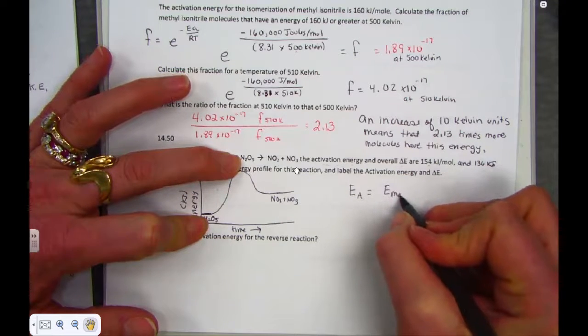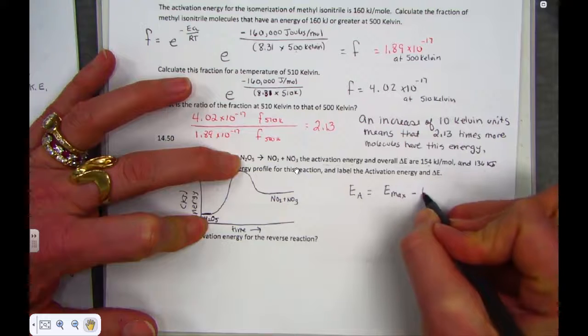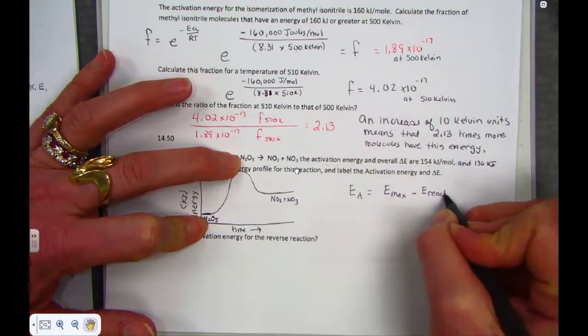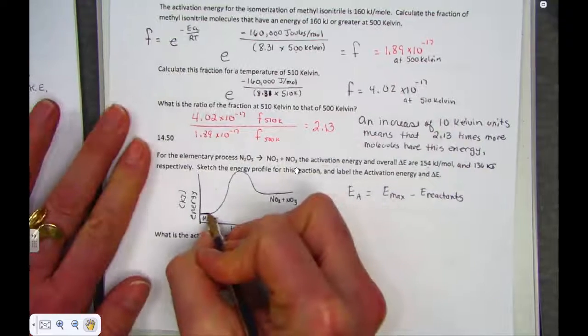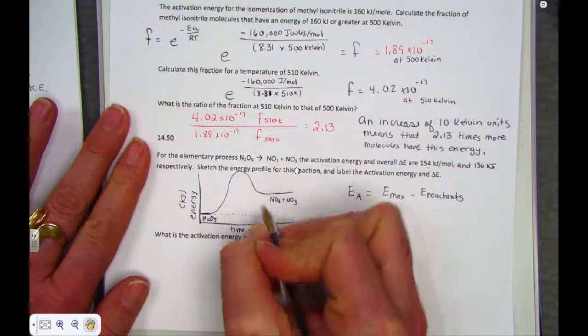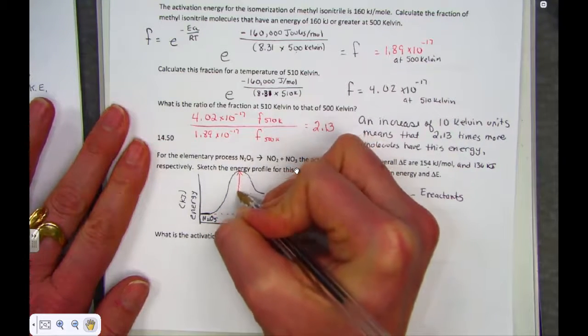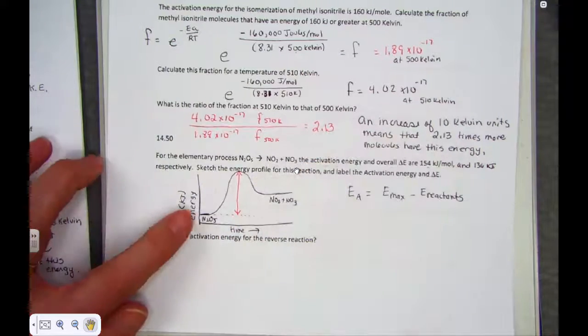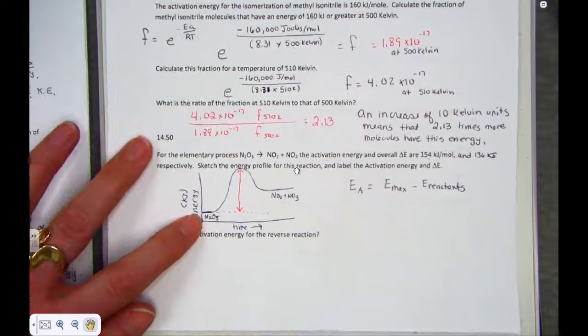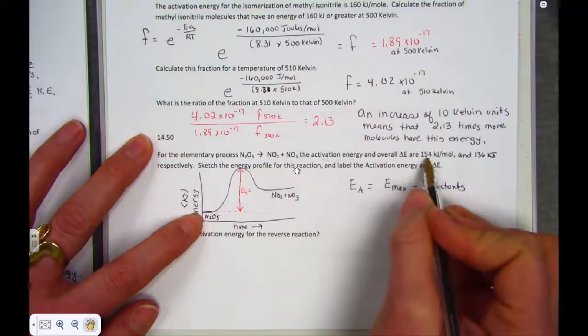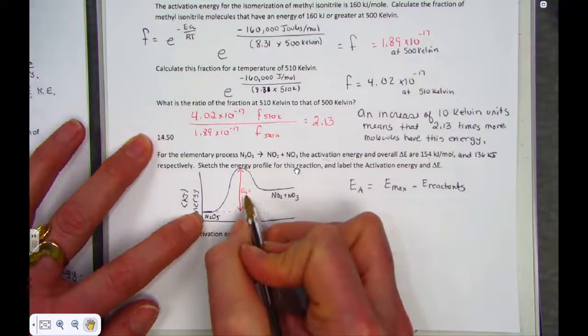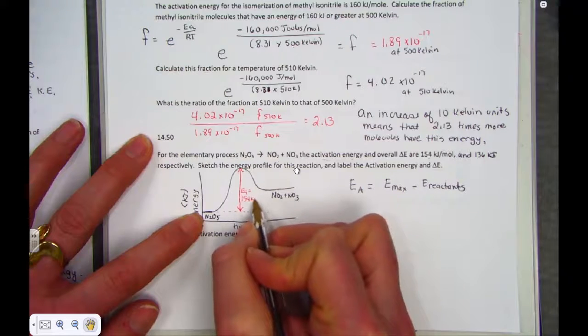So how about if we go E max minus E reactants? And I'm going to label that for us, and I'll change color so we can see that. Here is the amount of energy at the reactants. The top of the energy barrier to the amount of energy contained from the reactants is called the activation energy. And this is given to us as a positive 154 kJ per mole.